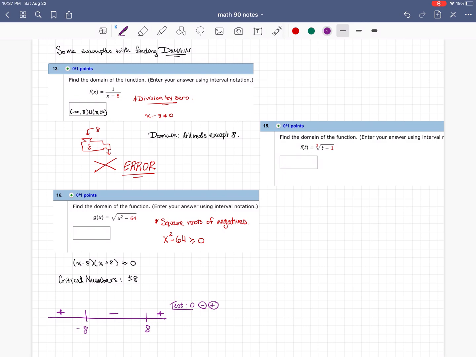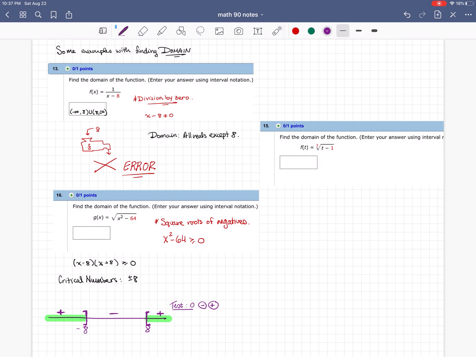Remember, we said that what we're looking for are the values of x where x squared minus 64 is either positive or 0. So that means for our purposes, we're looking at these guys, and we're looking at these guys, and the endpoints themselves are included. So negative 8 and positive 8 are both included.